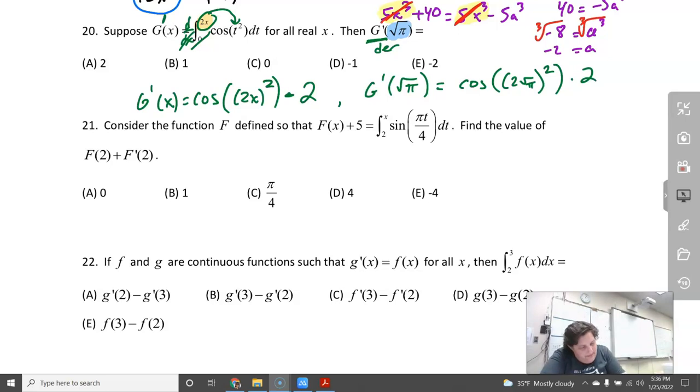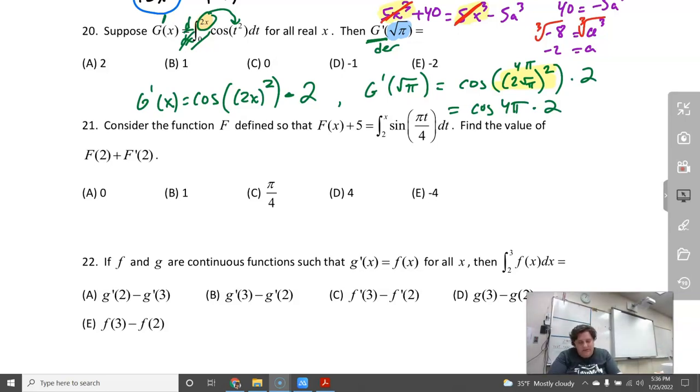Okay, 2 squared is 4. Square root of pi squared is pi. So I'm basically doing the cosine of 4 pi times 2. So what is the cosine of 4 pi?